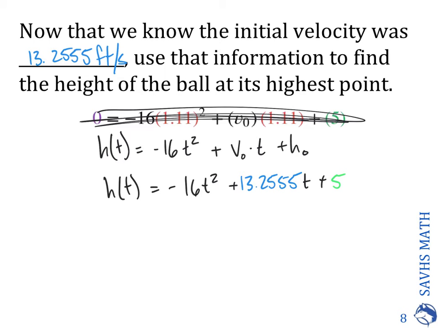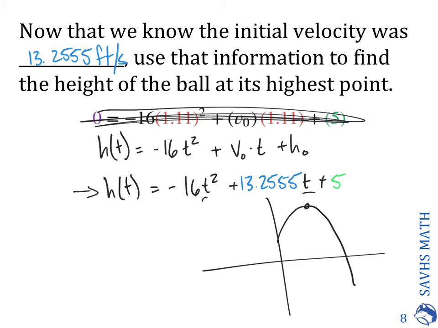Okay, so now this is a quadratic, and it's a function because I can put values in for t. This graph is going to look something like this. What I'm trying to find is the highest point of the ball, and that is the vertex right here. So we need to find the vertex.